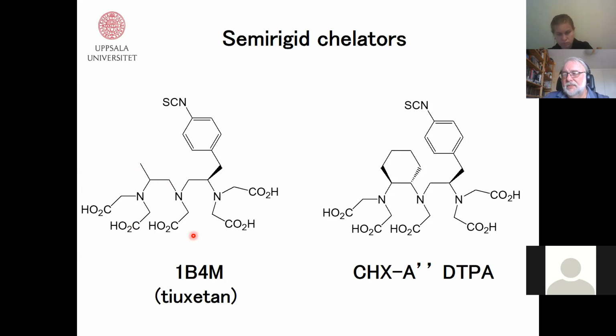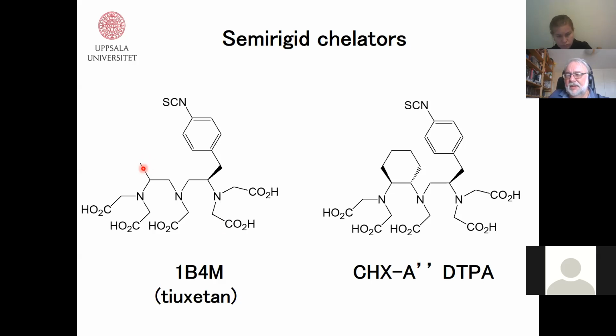So it's known that complex of yttrium-90 with DTPA is not sufficiently stable. And yttrium is used for therapy, and this is high energy beta. So if you're losing control over yttrium, it's trouble. But simple methyl group in this position stabilizes the complex very, very good.